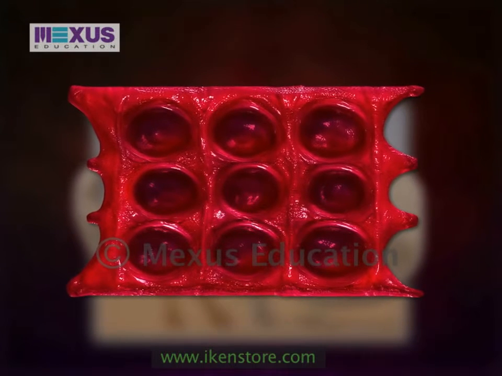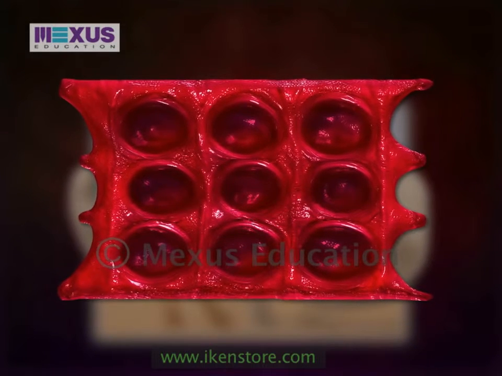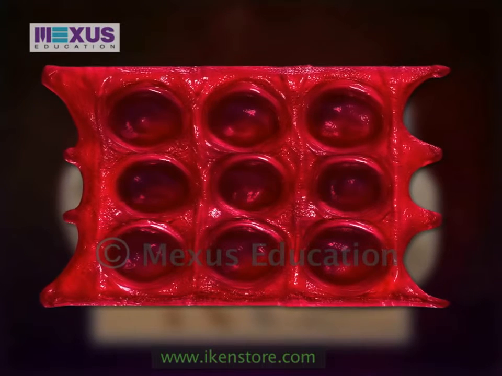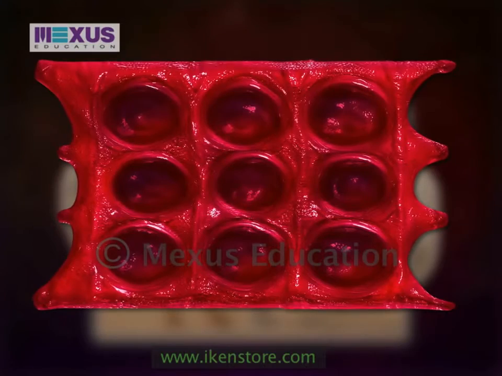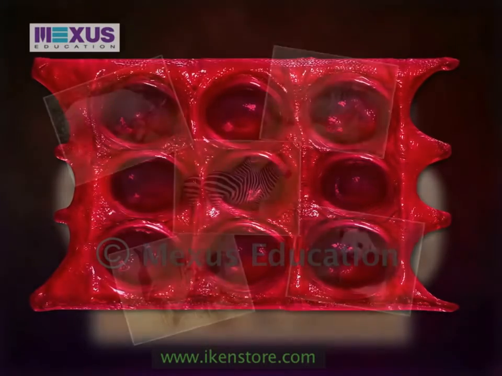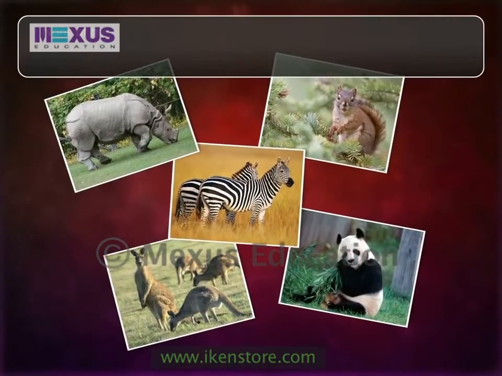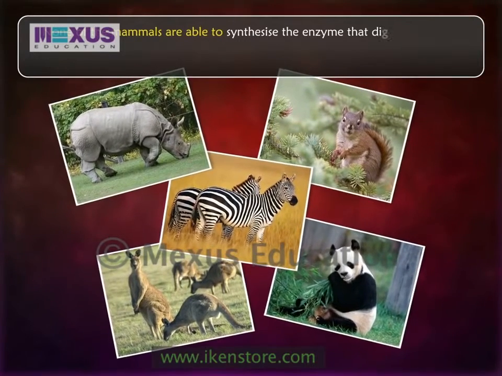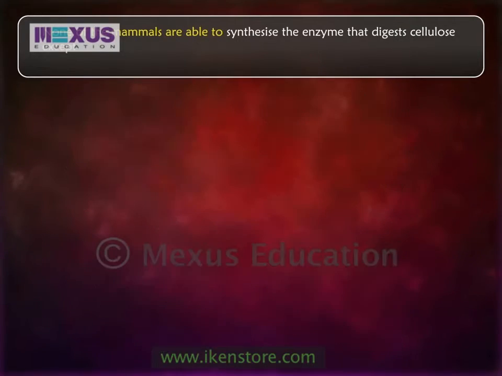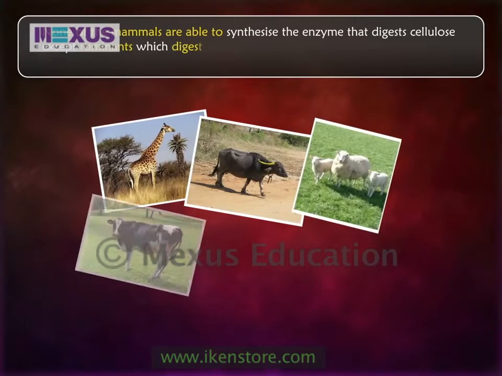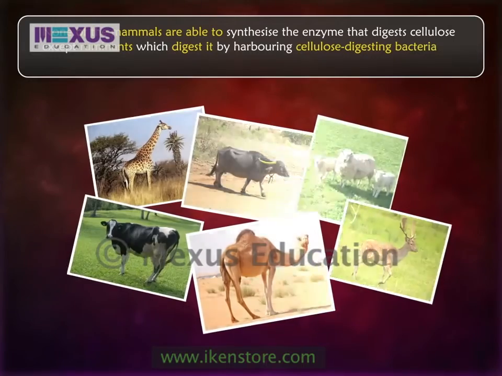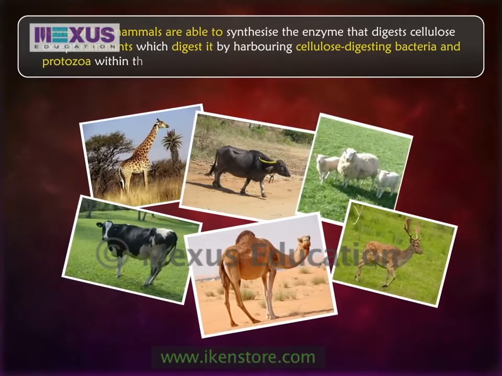This unusual arrangement of the digestive tract in ruminants is an adaptation to digest the cellulose of the plant cells. None of the mammals are able to synthesize the enzyme that digests cellulose except ruminants, which digest it by harboring cellulose-digesting bacteria and protozoa within their stomach.